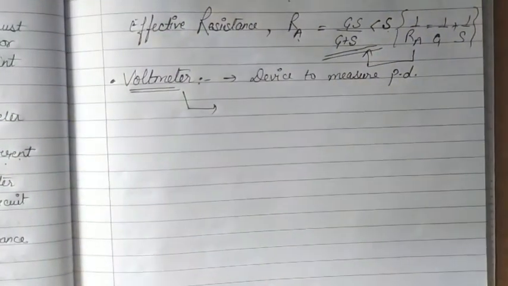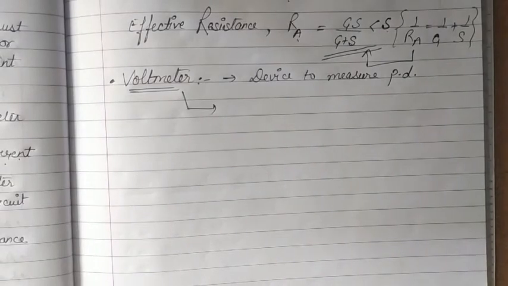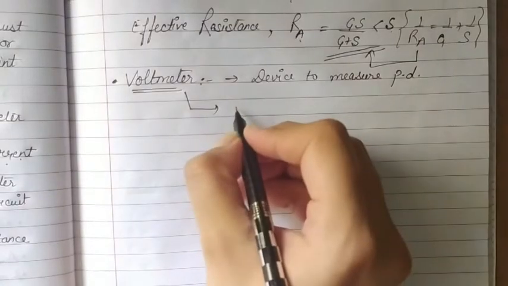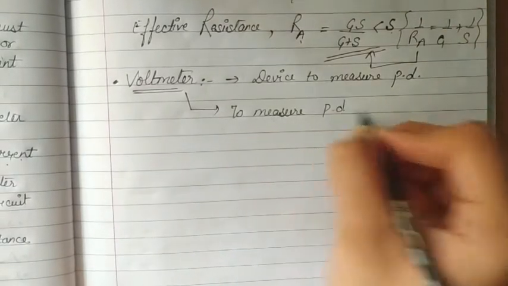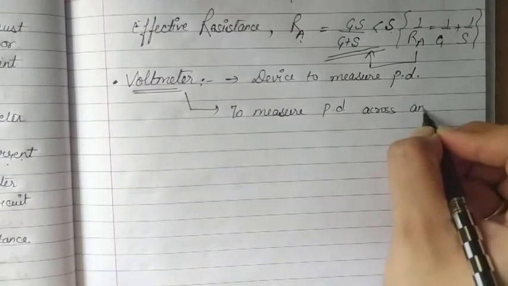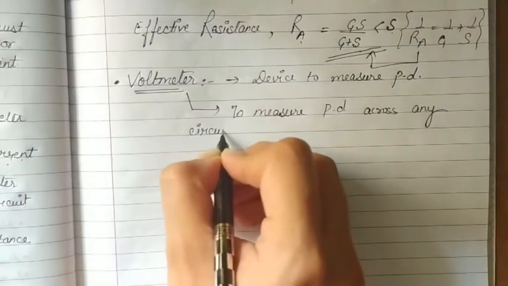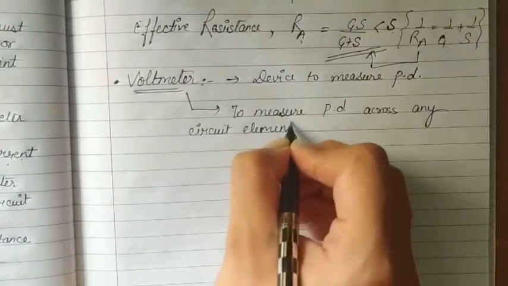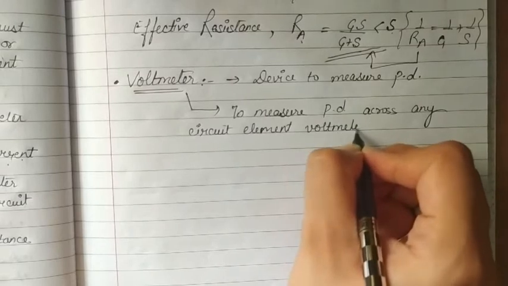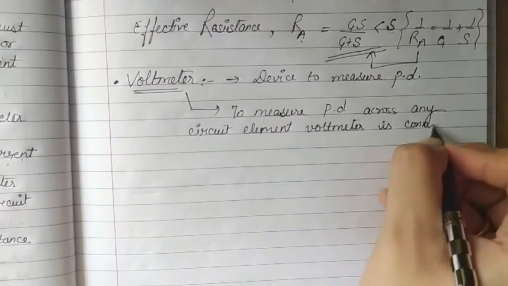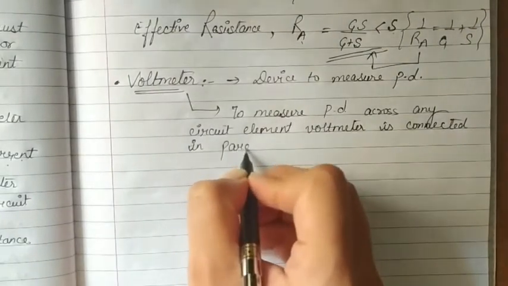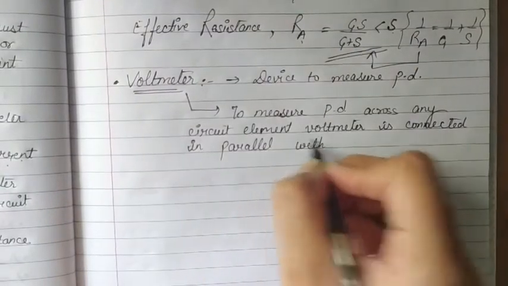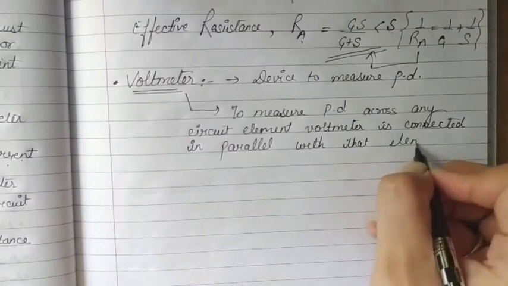To measure the potential difference across any circuit element, the voltmeter is connected in parallel with that element.